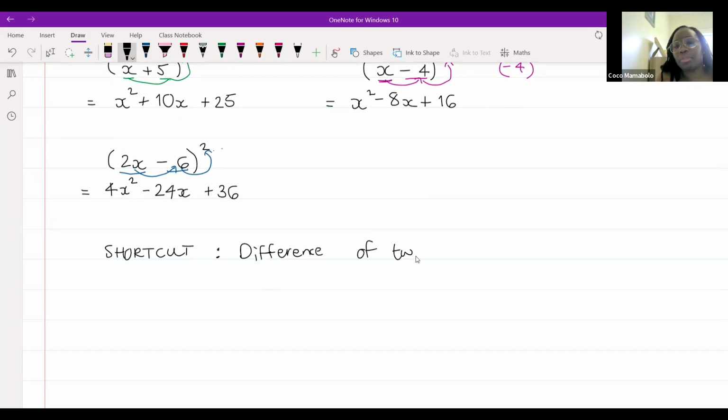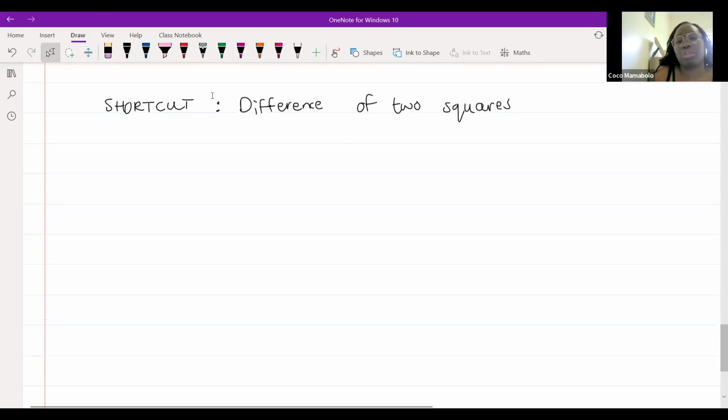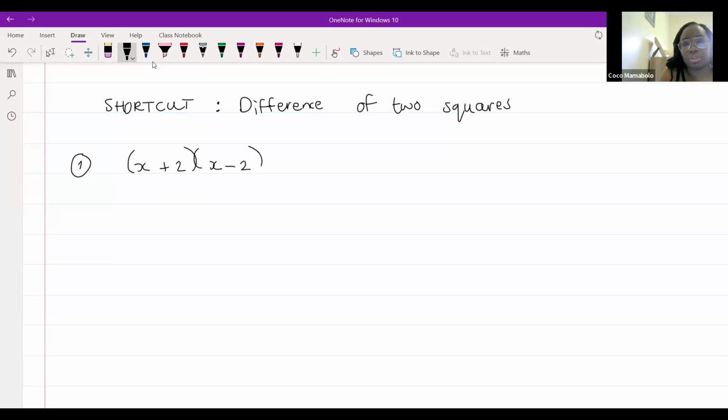I'm going to show you what it actually looks like, and I want to see if one of you can pick up on the pattern, because simplifying and factorizing, which we will do in a little bit, is all about pattern recognition. So I'm going to give you example 1: x plus 2 and x minus 2.